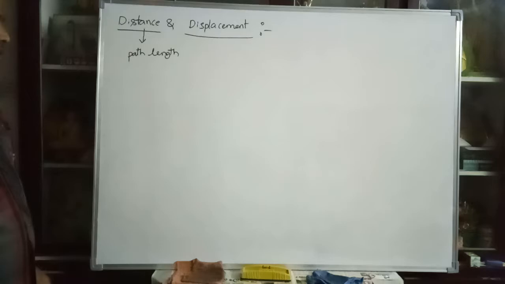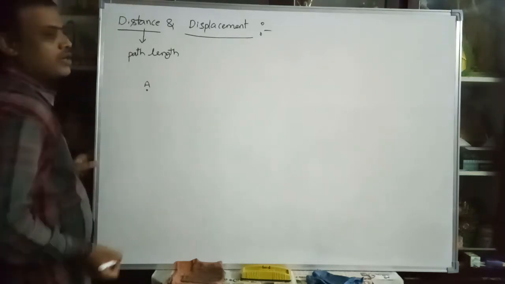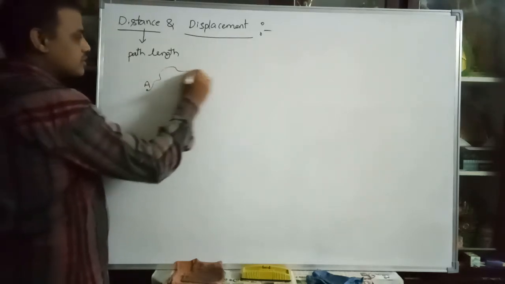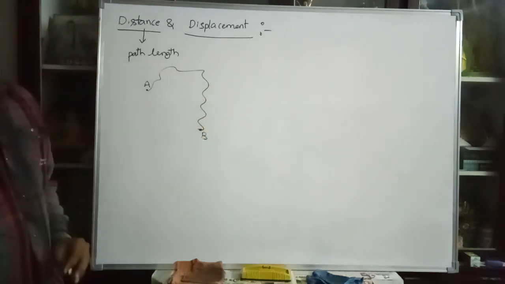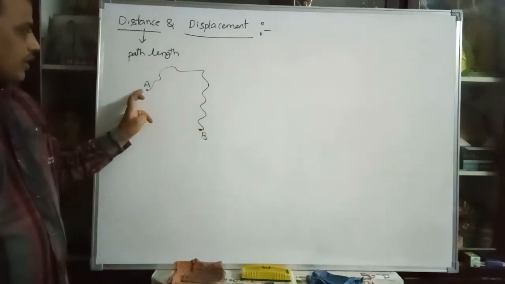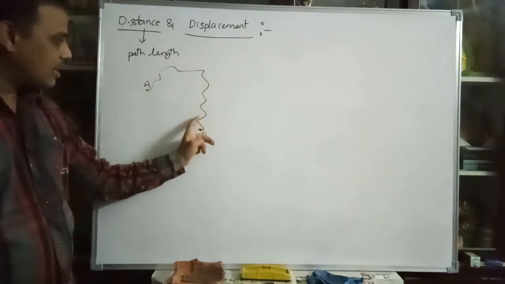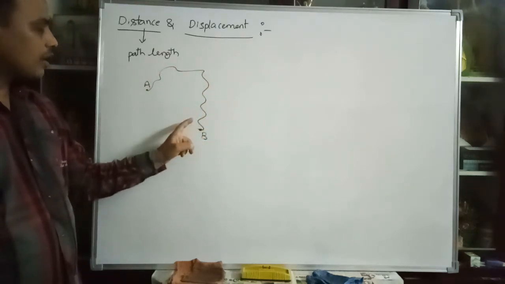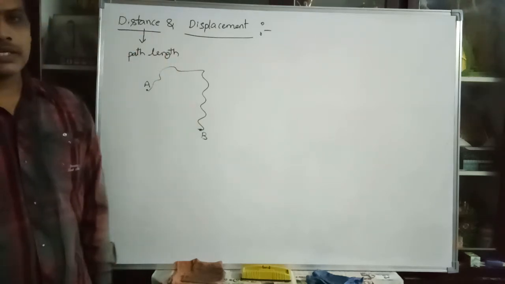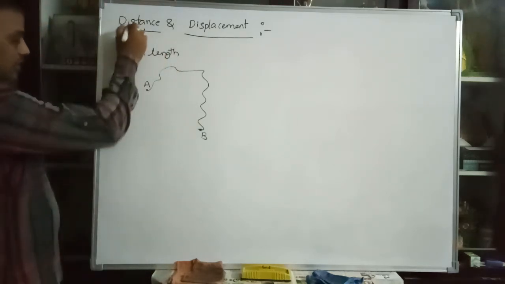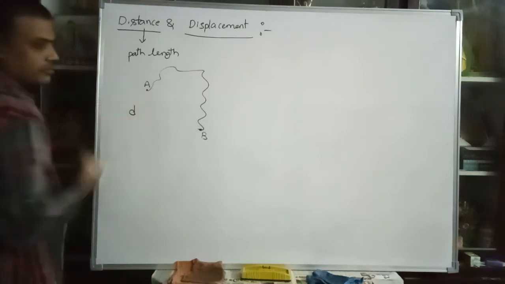Path length, nothing but this: suppose first we start at the point A. We are moving like this, with no particular path, going to the point B. From initial point A to final point B, we go along an irregular path, and the complete irregular path length can be calculated. Thus, this path length is simply called distance, which is generally indicated by the letter D.